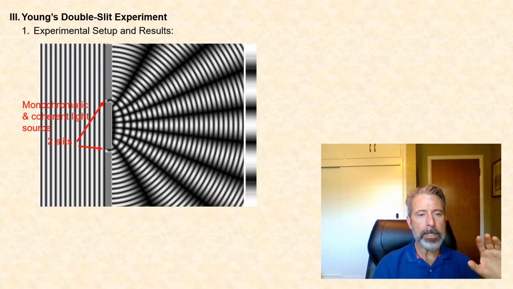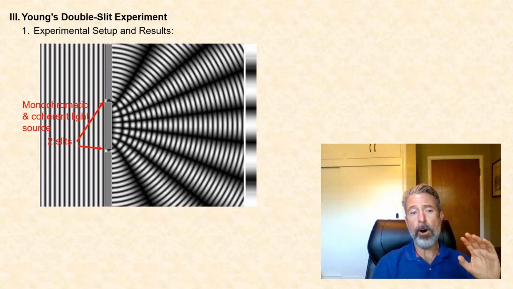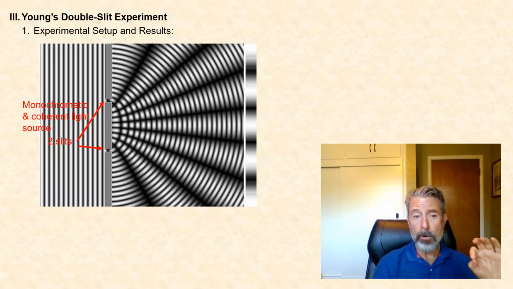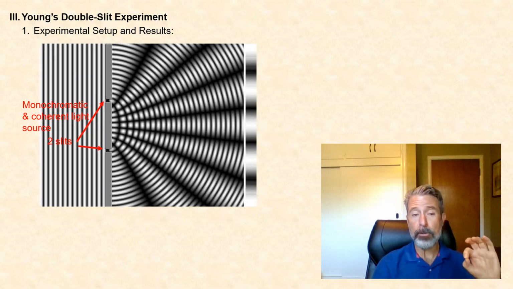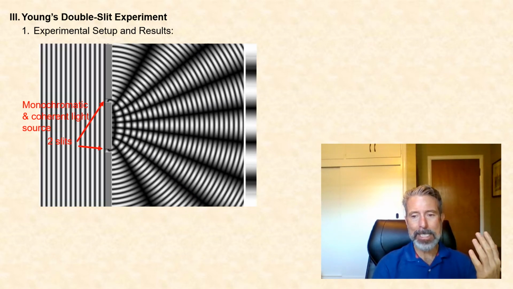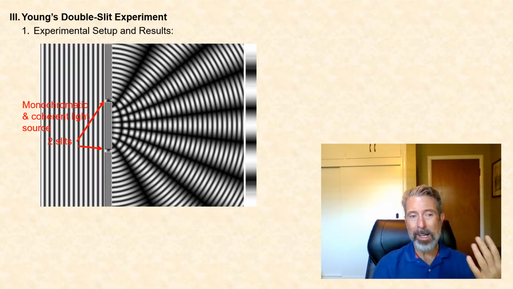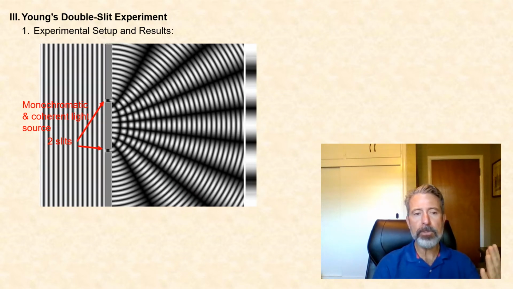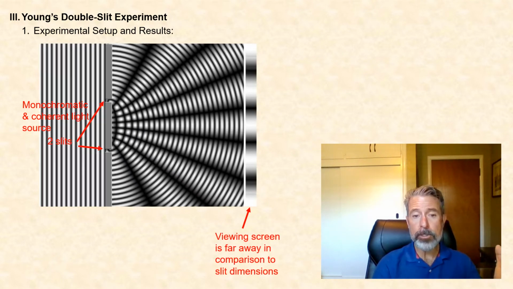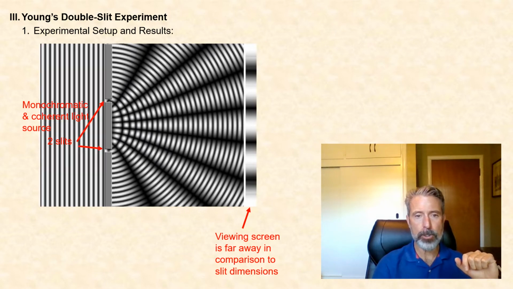Notice that it is aimed at our two slits. Our two slits are not only narrow, they're fairly close together as well. So we can talk about the slit separation or slit spacing as well as the slit width. Both of these dimensions will come into play. We have our viewing screen, and the viewing screen should be very far away in comparison to the slit dimensions.